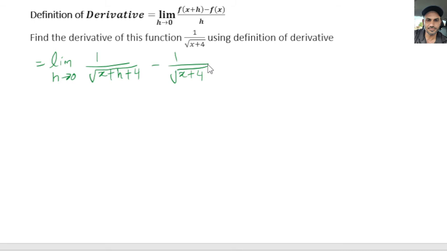Okay, and everything divided by h. So this is what we get. Now we're going to simplify the numerator part.